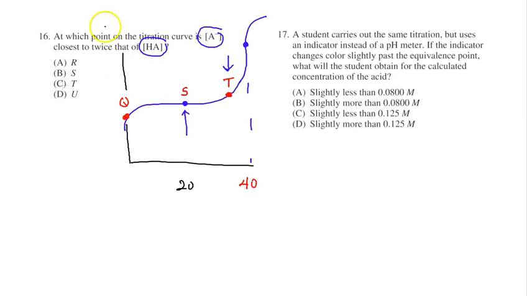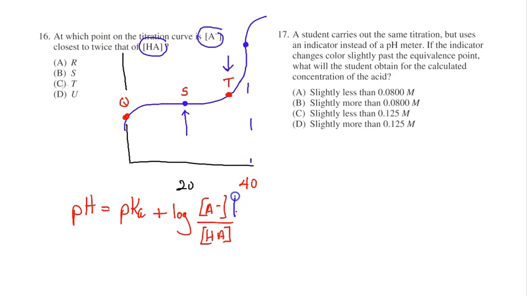Now again, if you don't see that, Henderson-Hasselbalch: pH equals the pKa plus the log of the conjugate base over the conjugate acid. If you're going to have a bigger conjugate base and a smaller HA, this expression becomes positive, and the log stays positive when it's greater than 1.